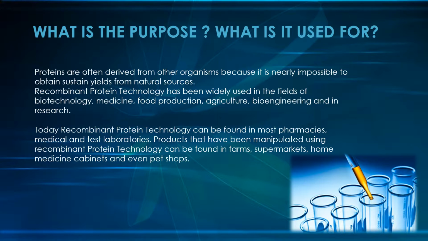This is the purpose of recombinant protein technology. This technology has been widely used in the fields of biotechnology, medicine, food production, agriculture, bioengineering, and in research. It has saved and changed the lives of so many people.